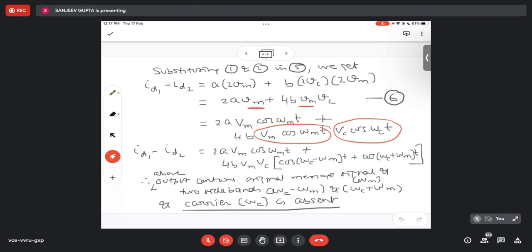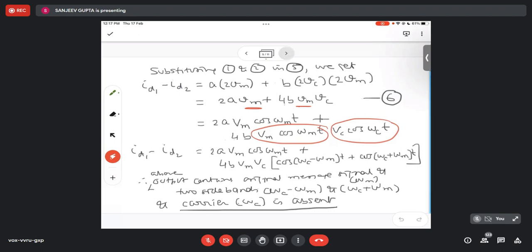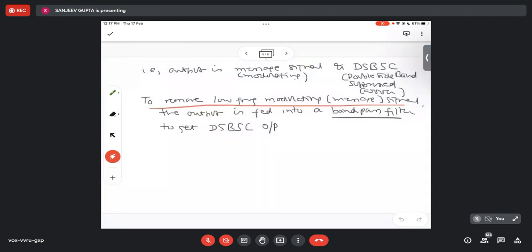If I want only the double sideband, the two frequencies, I have to remove the message signal. So I have to use a band pass filter or a low pass filter. A band pass filter targeting only the frequency of 10 kilohertz, and then I will get double sideband suppressed carrier. That means 90 and 110.